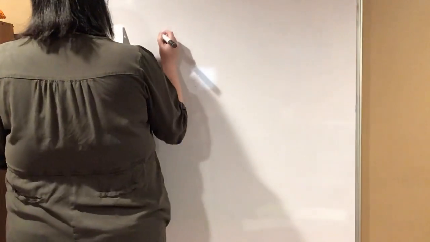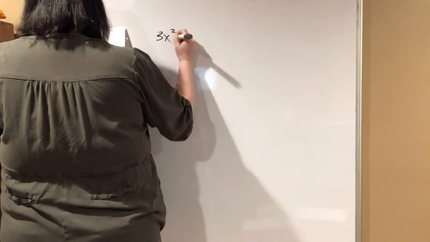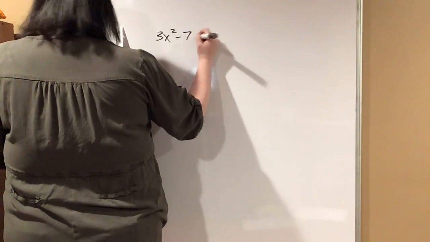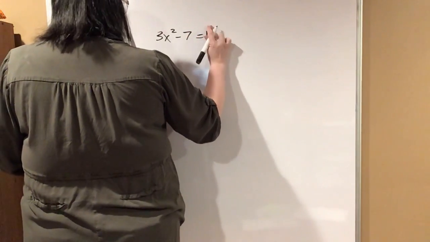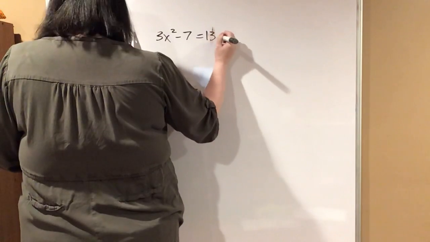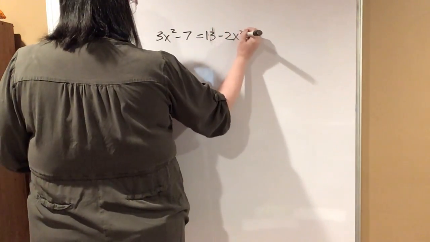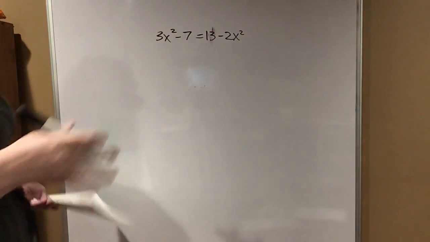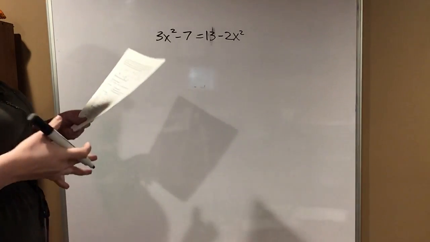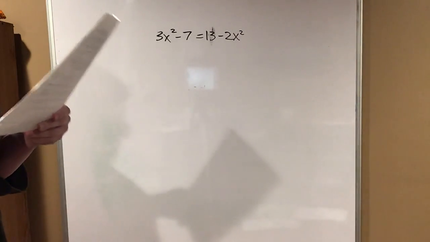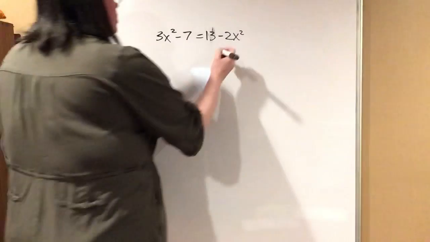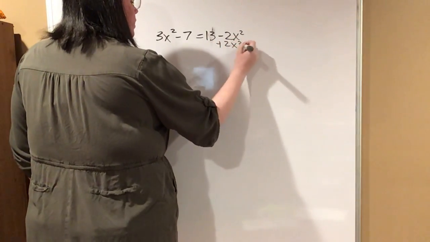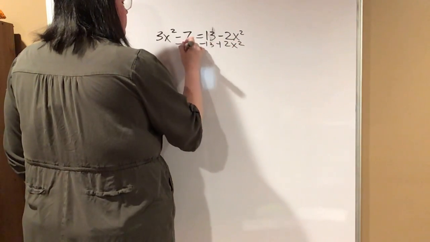So we have 3x squared minus 7 equals 13 minus 2x squared. Okay, so first of all, have to get it into standard form. So add your 2x squared and minus your 13.